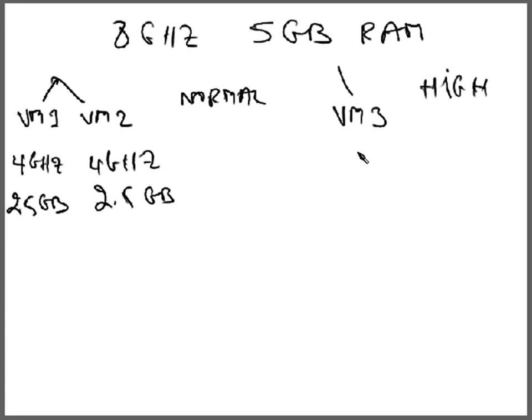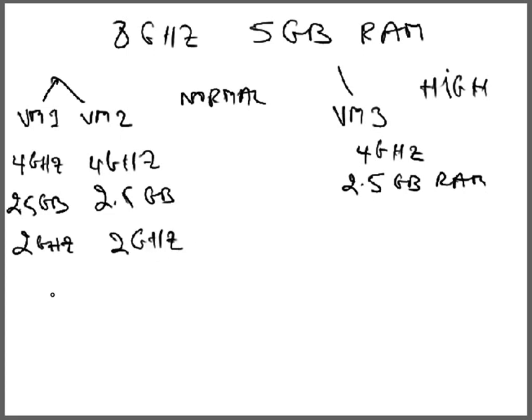VM3 is going to get 4 gigahertz of the CPU, and it's going to get 2.5 gig of RAM, whereas VM1 and VM2 are going to each get 2 gigahertz of CPU, and they're going to get 1.25 gig of RAM. So you see here in this example how the addition of a third virtual machine with high as the value set for shares greatly improves this virtual machine's access to the physical resources on this ESX host.